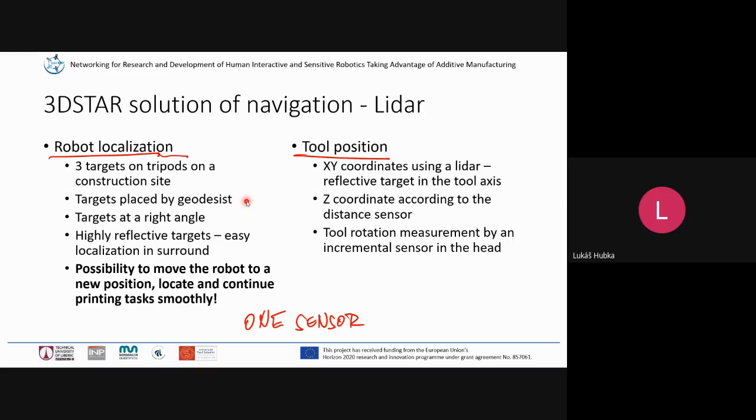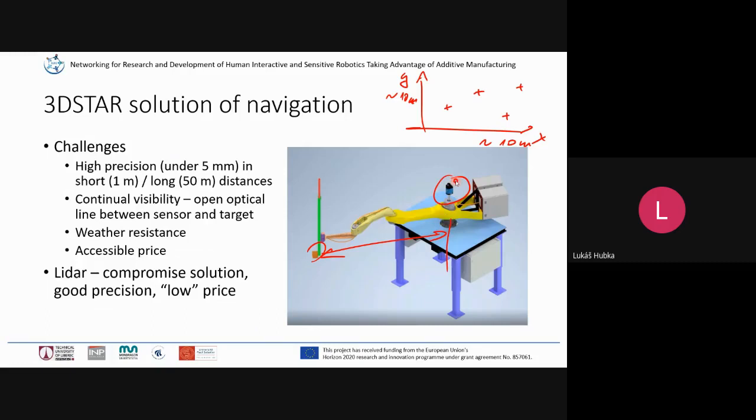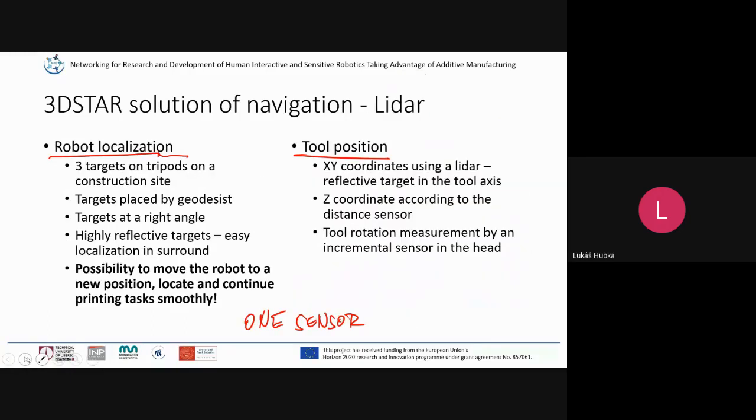Moreover, the targets can be over the construction, because if you print the walls of some house, let's say the wall is 3 meters high, the targets will be at a level of 3.5 meters, which is still reachable with this LiDAR on the top, as was shown on a previous slide.